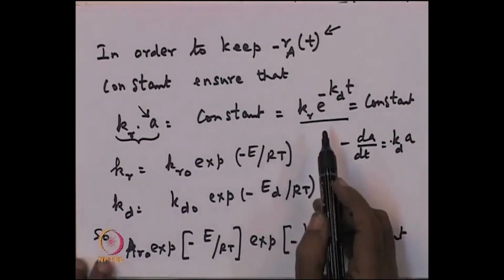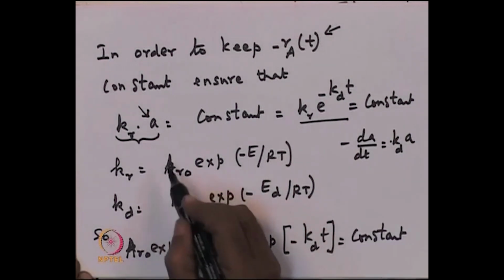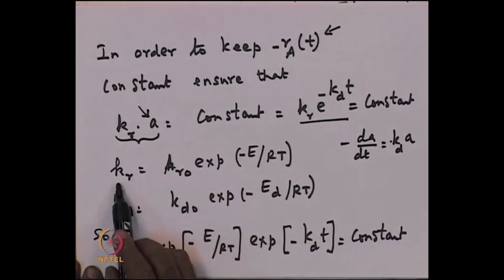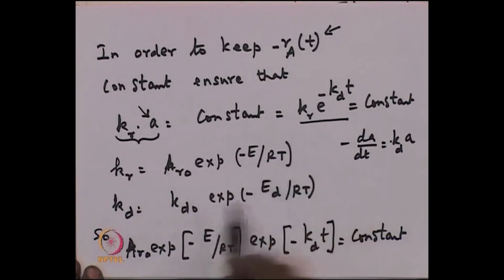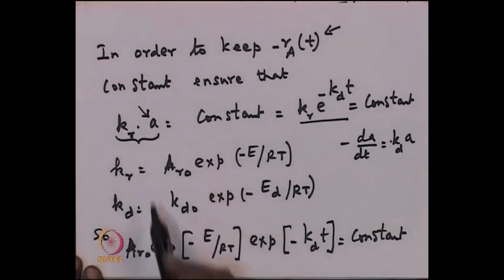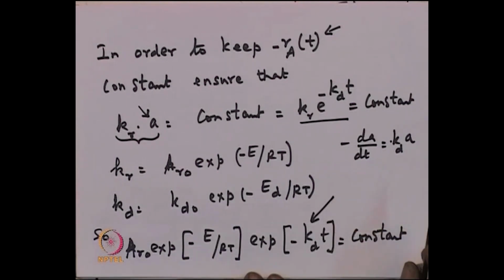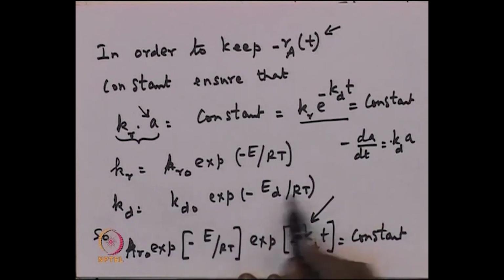We keep it constant by recognizing that Kr, which is the rate constant, is Arrhenius, Ar0 times exponential of minus E by RT, and Kd is given by this expression. Therefore, Kr times A can be written as what I have written here, Ar0 exponential minus E by RT and exponential minus Kd t, where this Kd has an Arrhenius dependence, as mentioned here.